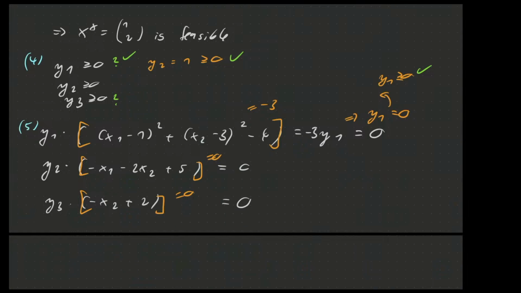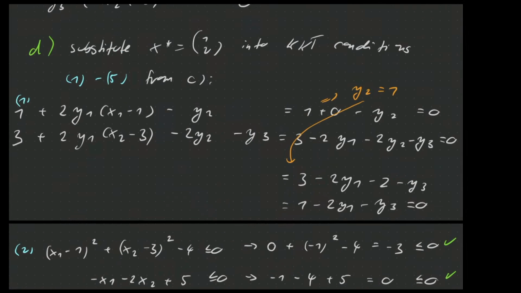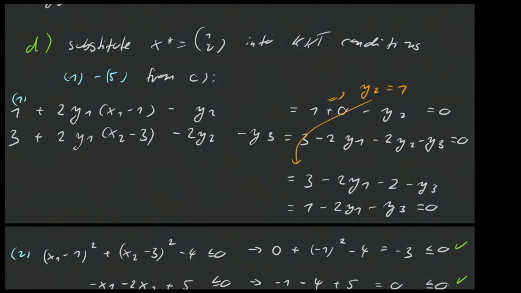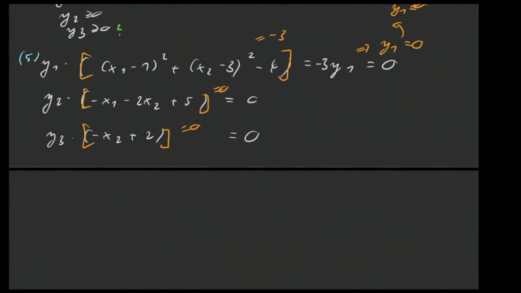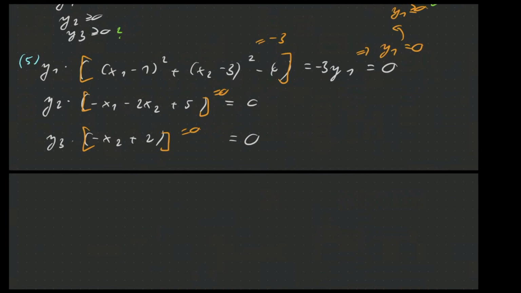But we still have the equality from 1 here, right? Remember, we didn't use this here yet. So we should. Let's copy that over. Okay, so from 1, we know this here.